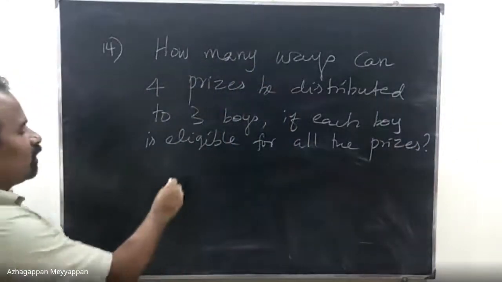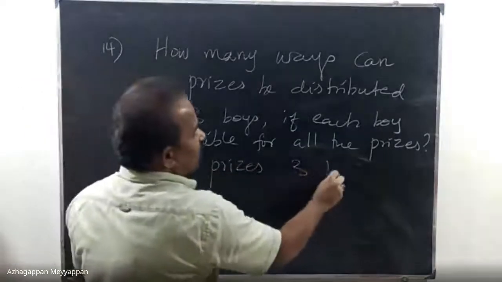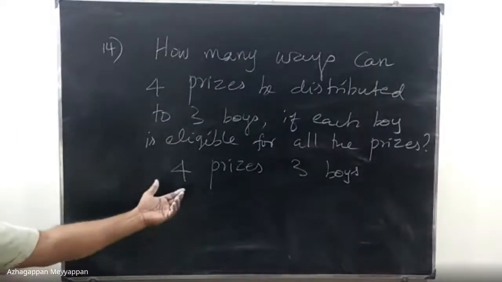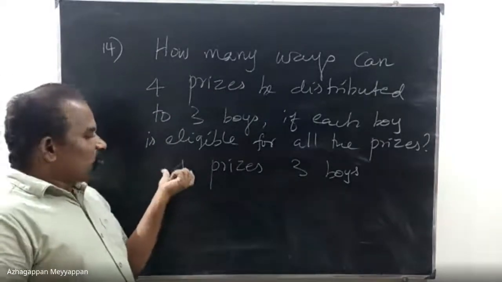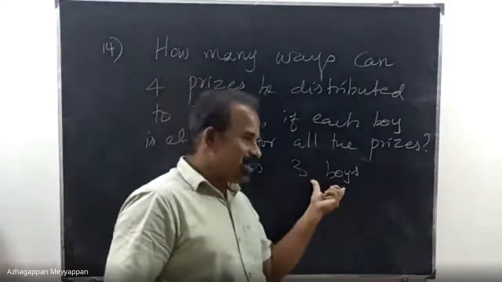Totally there are 4 prizes, 3 boys. Out of 4 prizes, you have to distribute this into 3 boys.